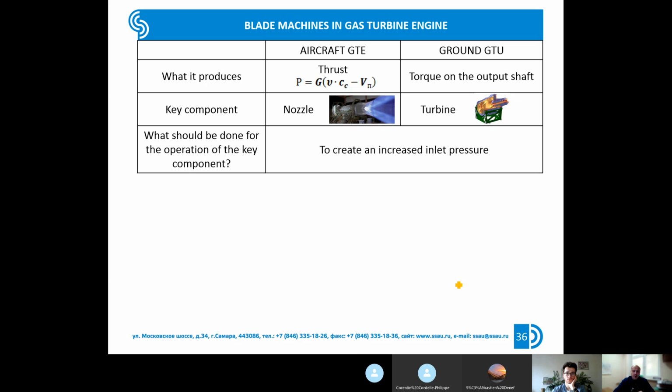The gas turbine engine is a heat machine which works using a closed thermodynamic cycle, and as a result of realizing this thermodynamic cycle, it creates work, it creates power, and this power is transferred to the energy of the movement of the aircraft.